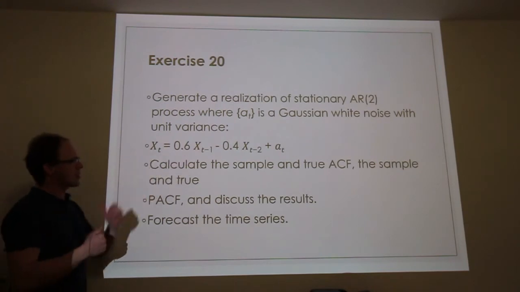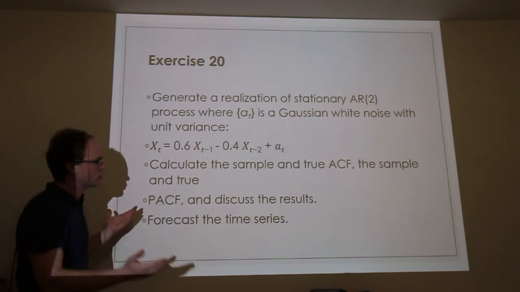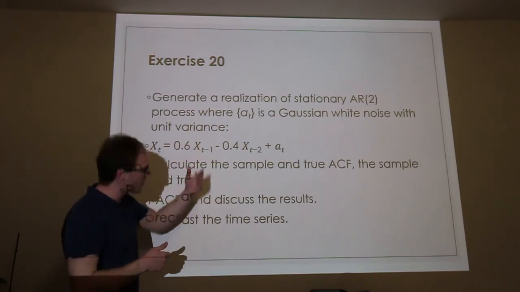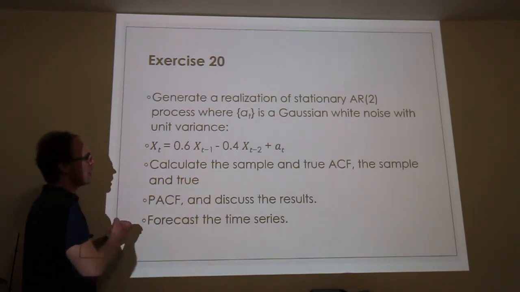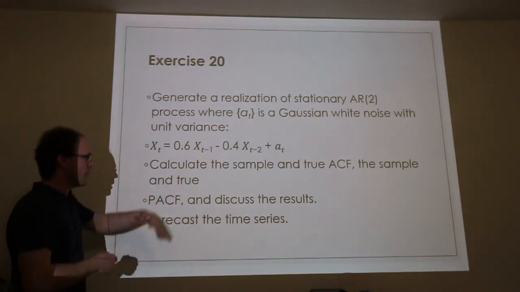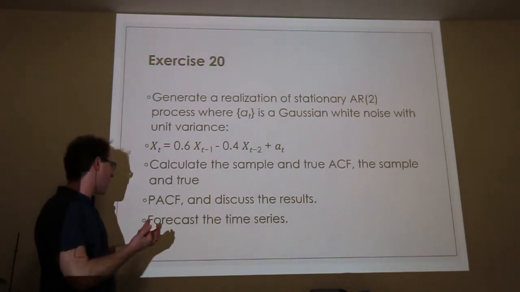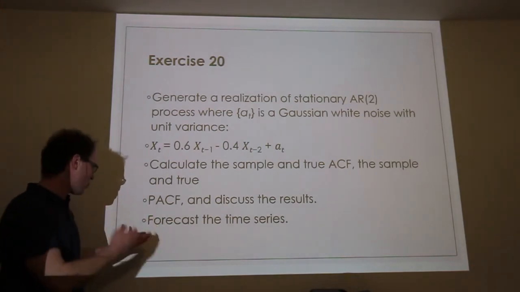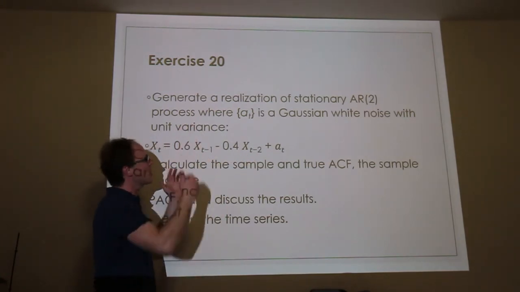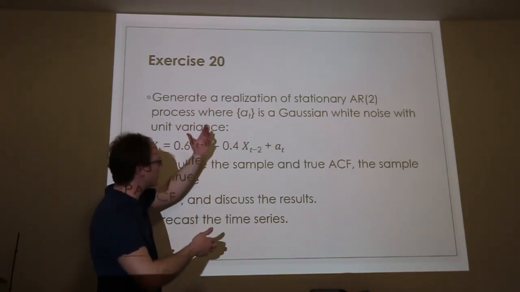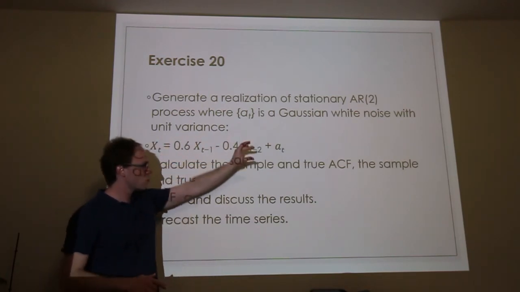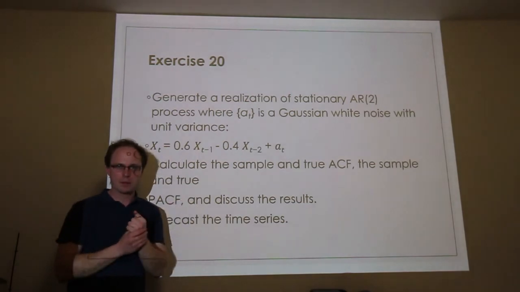Calculate the sample and true autocorrelation function, so we will check the correlograms, the sample and true partial autocorrelation function, and we will discuss results. And we will try to forecast this time series, this process, which was generated from white noise process according to this formula.